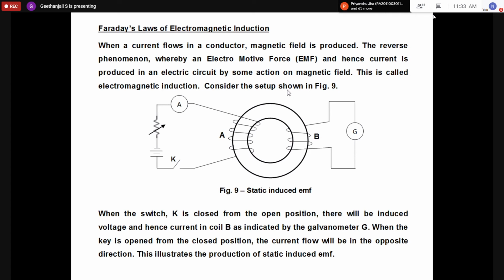The A coil is connected to an ammeter, variable rheostat, supply, then switch K. When the switch K is closed from the open position, there will be an induced voltage.